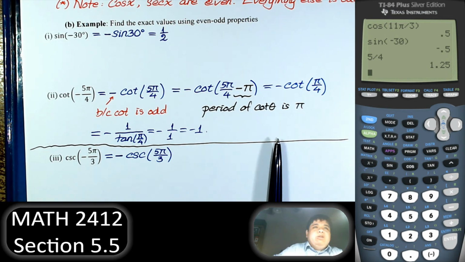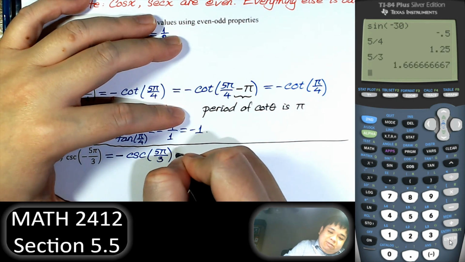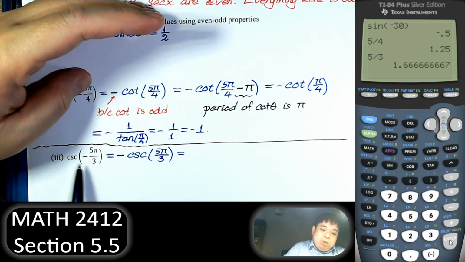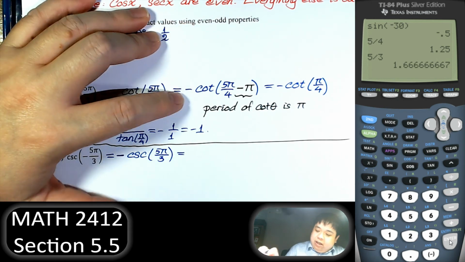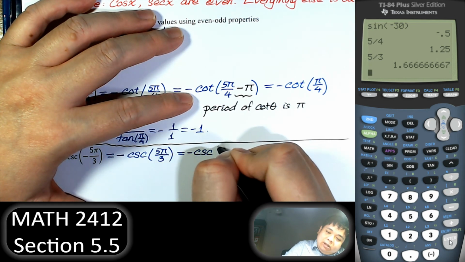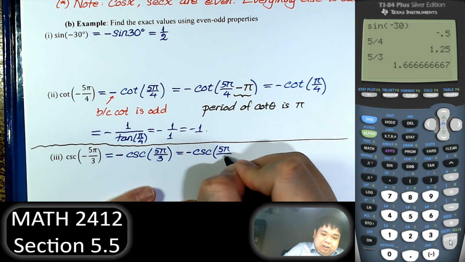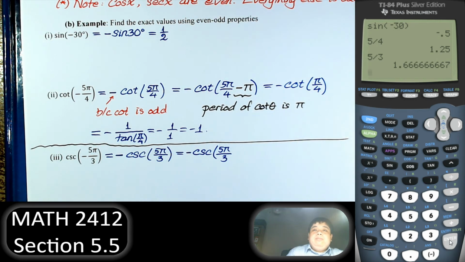What is 5 pi over 3? 5 over 3 is 1.66, so it's still within 0 and 2 pi. We do that because cosecant is odd. Next, what is the period of cosecant? For sine, cosine, secant, cosecant, the period is 2 pi.